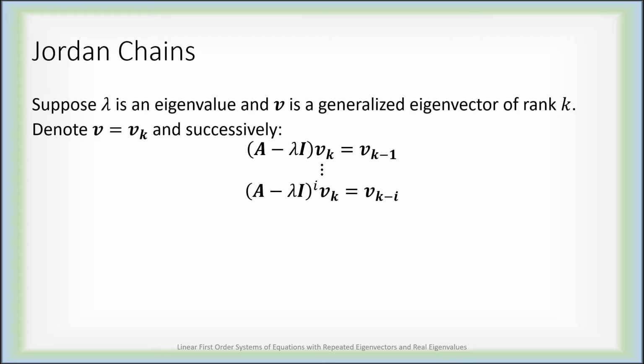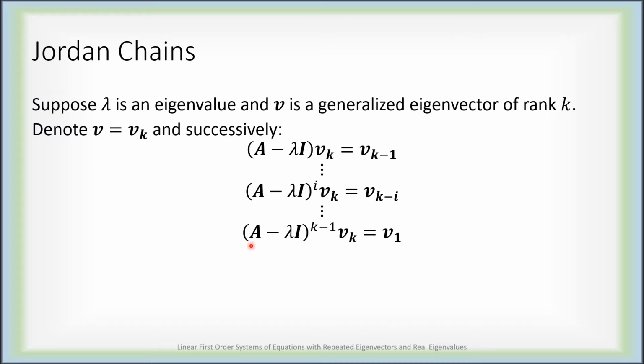In general, if I apply (A minus lambda I) i times to v_k, we're denoting that as v_{k-i}. So note, if I were to apply the matrix (A minus lambda I) raised to the (k-1)th power to the vector v_k, well, this would now be v_{k-(k-1)}, which simplifies to v_1.